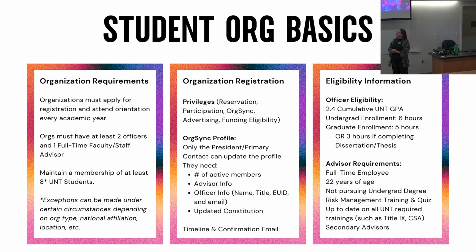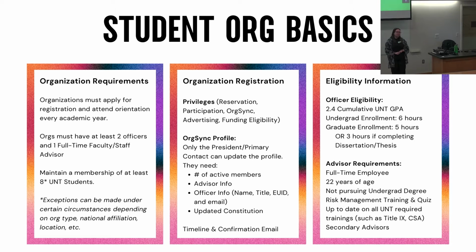But in general, as you prepare for registration on OrgSync, your officer that is filling out that registration will need to know the number of active members, as well as all of your information as an advisor, your contact info, the department you work for, everything like that. Next, they'll need officer info, including their name, their title for that officer position, as well as their EUID and email.